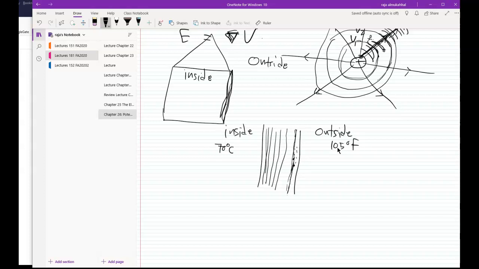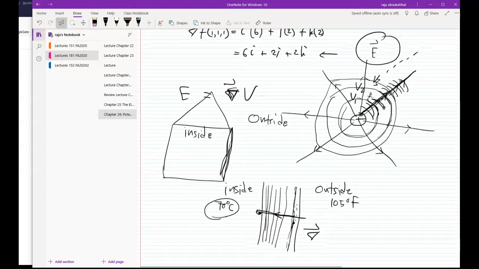The temperature is decreasing until you reach the edge right here, where the temperature is equal to 70. You see what I'm saying? So you are going this way and asking about the temperature gradient, how the temperature is changing as you go through the thickness of the wall. That temperature gradient can be described by the del function. Do you see why this is important?